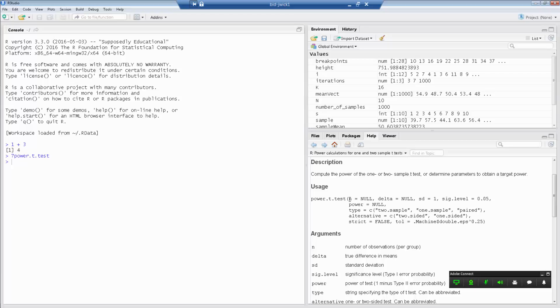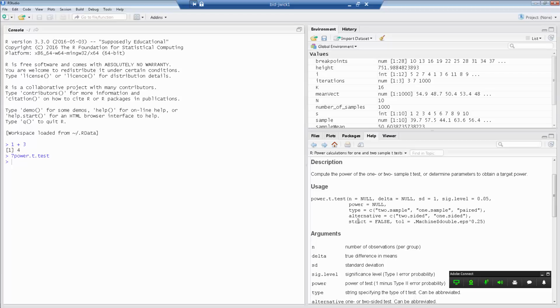Let's say I have 50 subjects, so n would be equal to 50. The delta, which is the difference that I want to see, either the change within a group or the change between groups. For us, that's going to be 1. The standard deviation is that estimate of the variability we were just talking about, which we're going to set at 2.1. The significance level and the power.